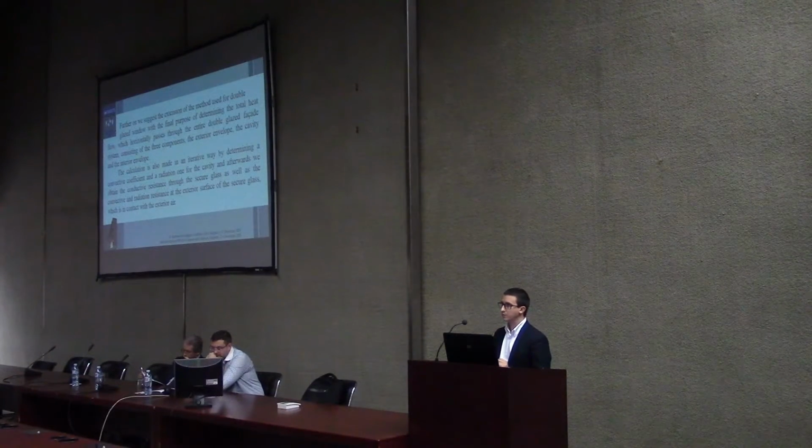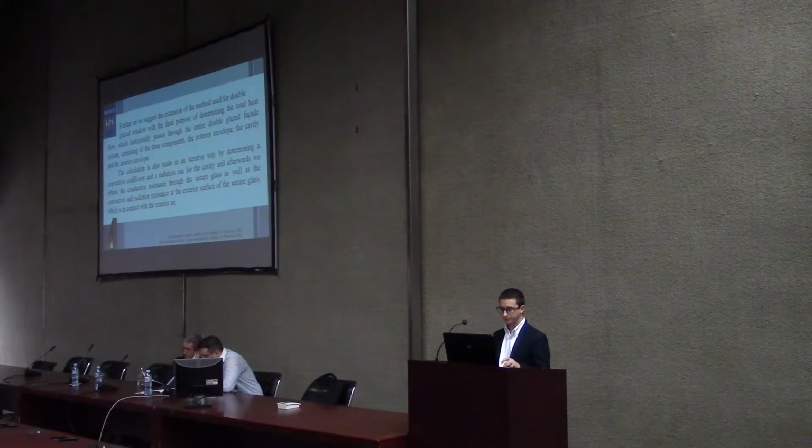So to extend the method, we need to add other factors, such as the convection inside the air cavity of the double skin facade, and also the conduction through the secure glass, which is the exterior envelope in this case.